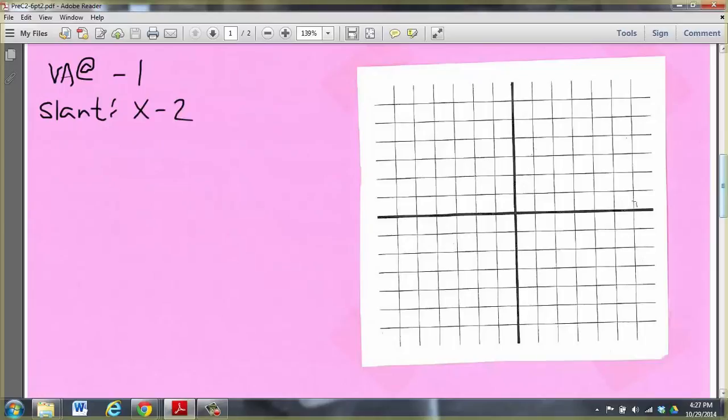We had an intercept at y equals 0, an intercept at x equals 0 and 1. So let's start to draw in what we can.